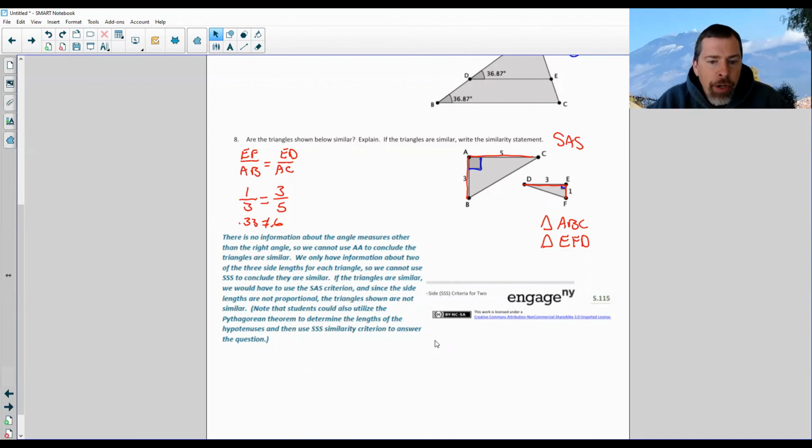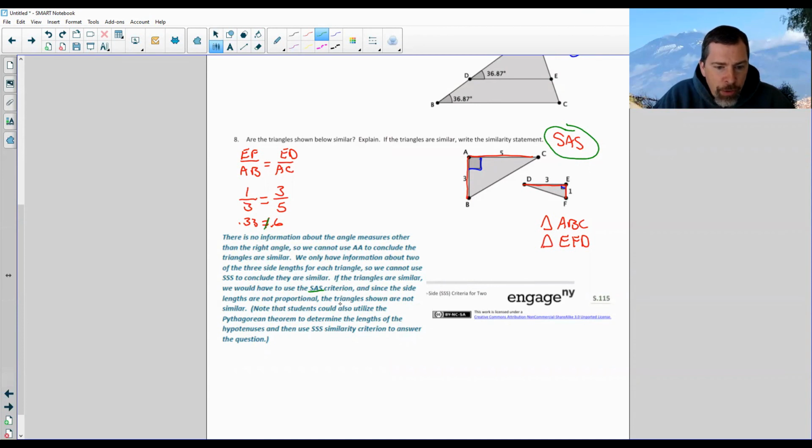Agreed. If the triangles are similar, we would have to use SAS criterion, which is what I had drawn up over here. I had said, looking at the diagram, side angle side would be our only possibility. And since the side lengths are not proportional, the triangles shown are not similar.